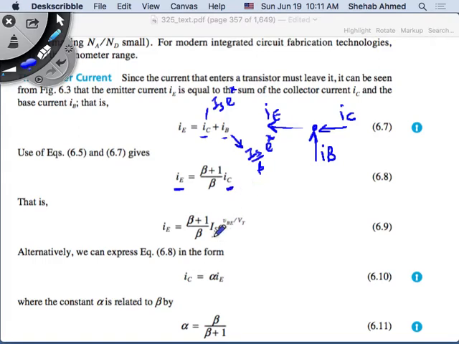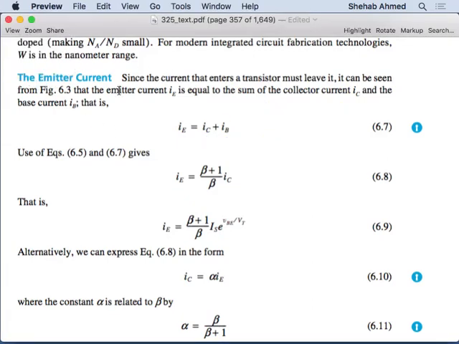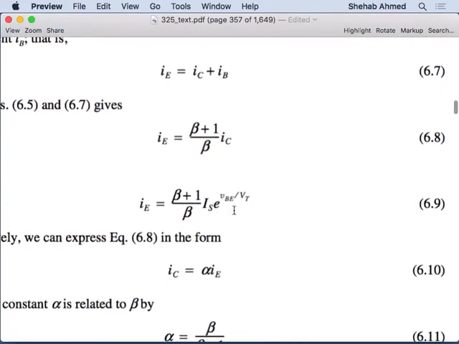If you simplify, you substitute the value of IC that we have. IC was equal to IS, which is my saturation current, e to the VBE over VT.